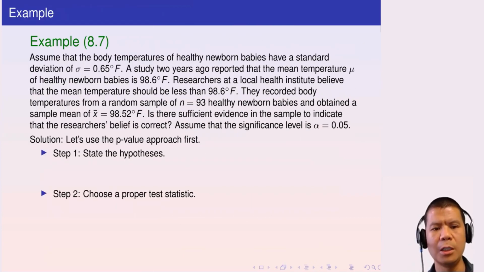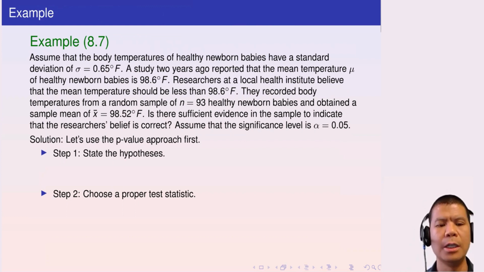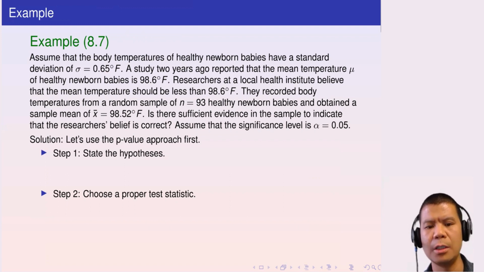Assume that the body temperature of healthy newborn babies has a standard deviation sigma equals 0.65. 32 years ago it was reported that the mean temperature is 98.6. Researchers at the local health institute believe that the mean temperature should be less than 98.6.